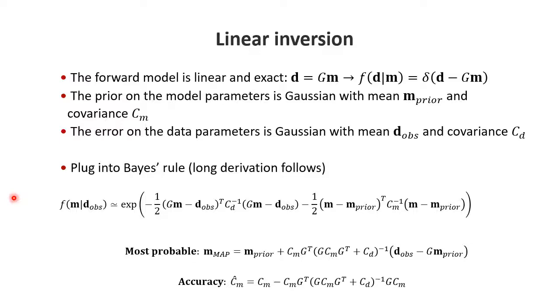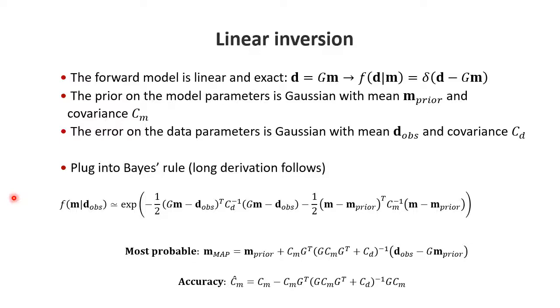For example, in the spatial case, looking at the spatial distribution of permeability, this could simply be the mean of your distribution of permeability, and the covariance could be your variogram of permeability. Then the likelihood model is a simple Gaussian error model. We say that there's some error between what I'd like to measure, D, and the actual observation, and we model that through a covariance of error. That's basically what we saw in the previous slides.